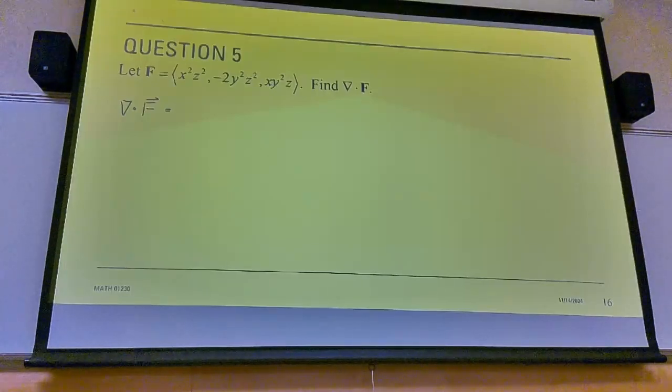Partial x of the first term, which is what? 2x z squared, plus partial with respect to y of the second term, which is minus 4y z squared, and then plus the partial of the third term, x y squared, with respect to z. There's your divergence.